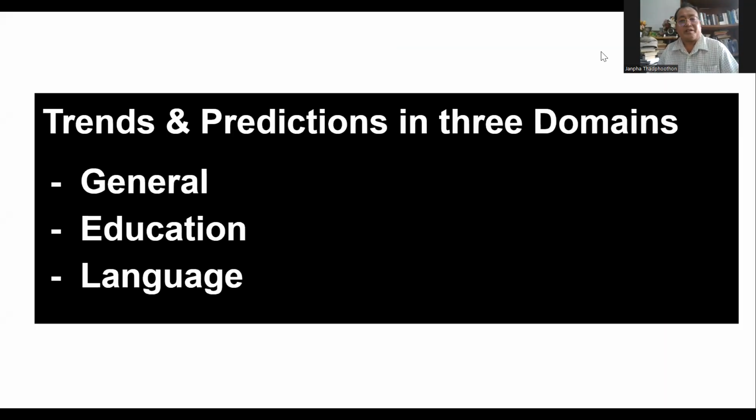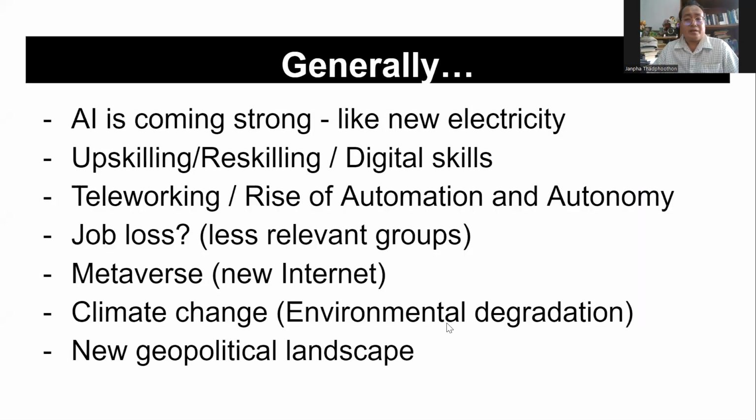Okay, now the trends and predictions in three domains: general, education, and language. Generally, we can see from the analysis that AI is coming pretty strong. It's like new electricity. And for us, we need to do many things like reskilling, upskilling, and develop our digital skills on top of other things.